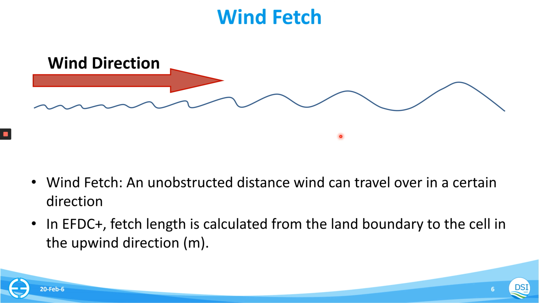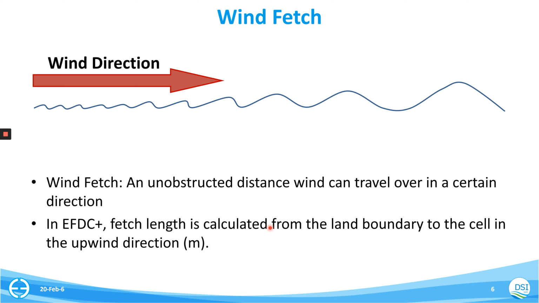The definition of wind fetch is the unobstructed distance wind can travel over in a certain direction. In EFDC+, the internal wave module, the fetch length is calculated from the land boundary to the cell in the upwind direction.